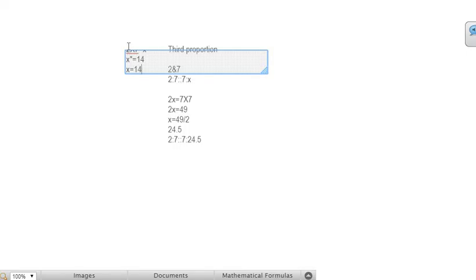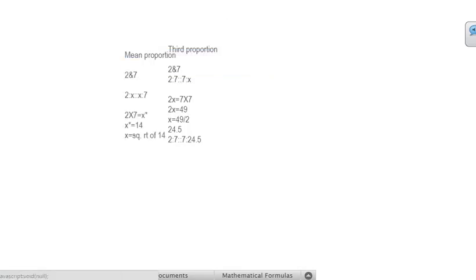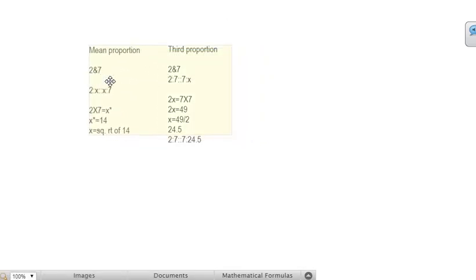Now square root of 14 is something we cannot simplify, so I'll just write it as the square root of 14. So this is going to be the mean proportion, and this is the third proportion. The fourth proportion is what we did before this.